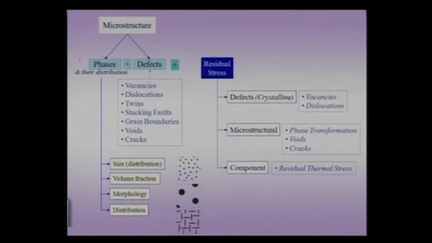But ignoring the scale aspect here and emphasizing more the functional aspect, we can call a microstructure phases and their distribution, the defect structures within, and these defects could be defects within a single phase or between phases, or could be more macroscopic like voids and cracks.